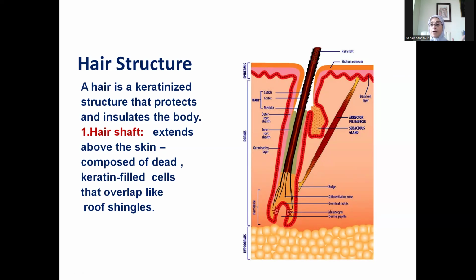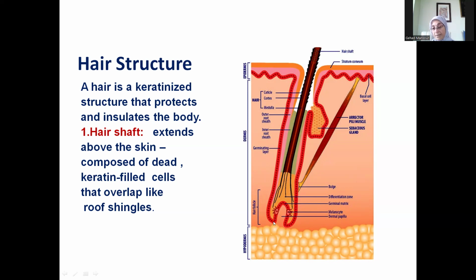It's the same way the germinal matrix forms the layers of the skin, and the same way the germinal matrix forms the substance of the nail body. Of course, the lowermost part of the hair, which is the hair bulb, is alive because it's very close to the germinal matrix and very close to the blood supply in the dermal papilla.